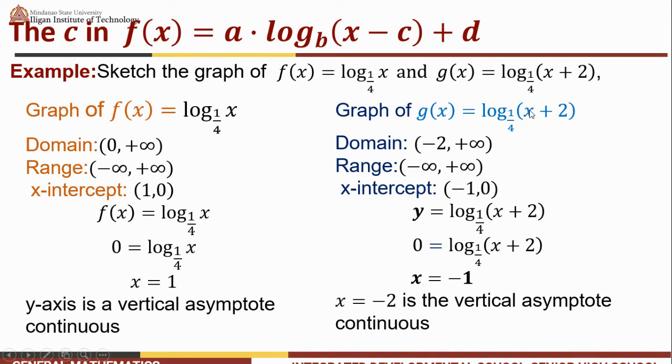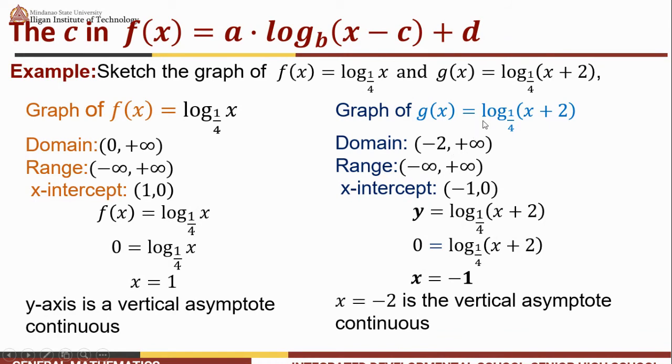Pero kapag meron kang value dito na negative 2.1 plus 2, that is negative 0.1, and so on, meron tayong mga natitirang values. So nagsisimula pala siya starting from negative 2 up to positive infinity. So ang minimum na value, hindi kasali si negative 2 because it will make the function undefined. So you'll have here for a domain, negative 2 to positive infinity.